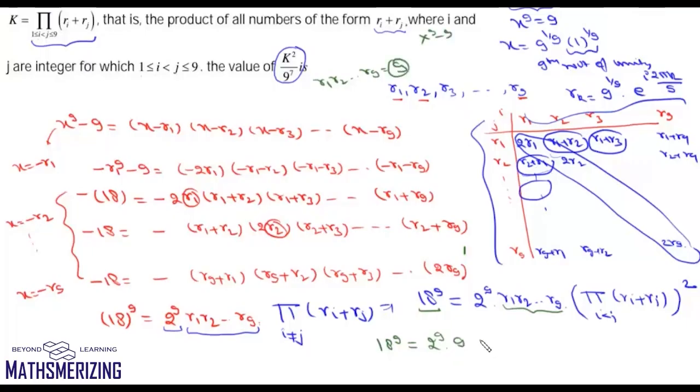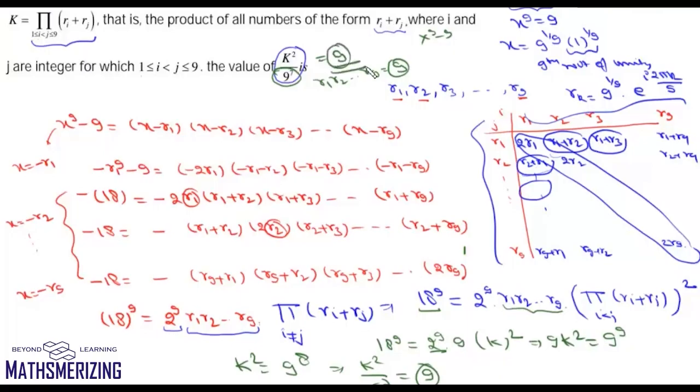So here will be 9, and then this is nothing but k square. So we'll divide it by 2 to the power 9. We can write 9k square is equal to 9 to the power 9. So k square is 9 to the power 8. So we'll divide it by 9 to the power 7. We can write k square upon 9 to the power 7 is simply 9. So the answer to this question is simply 9.